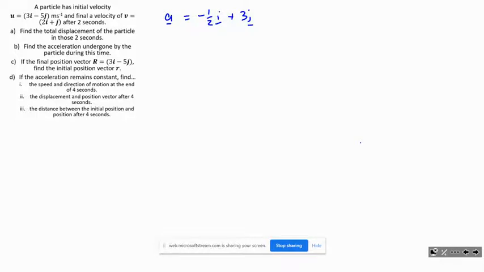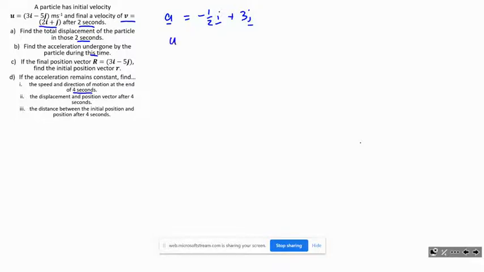At the end of 4 seconds. So 4 seconds is key here because we've been using 2 seconds so far, which means this is only applicable to the first 2 seconds. That is our final velocity after 2 seconds.